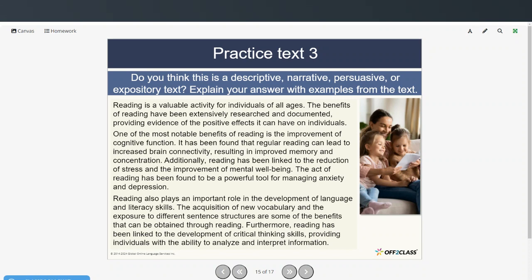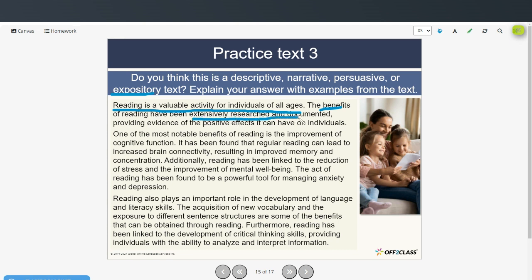Next, this one would be expository, because it starts with a simple statement: reading is a valuable activity for individuals of all ages, and says that the benefits of reading have been researched and documented.